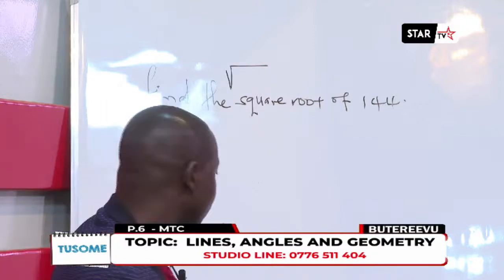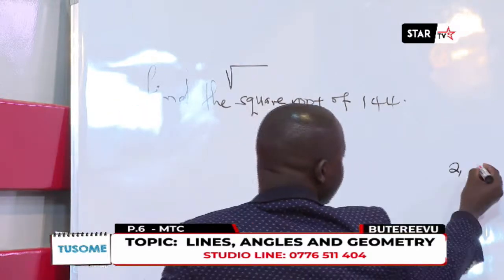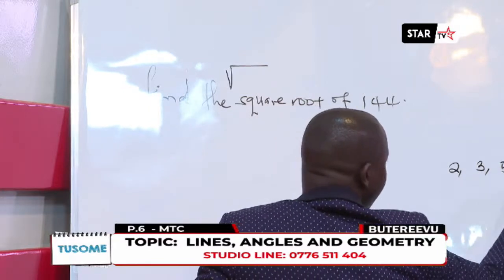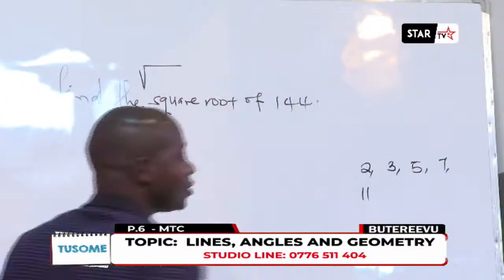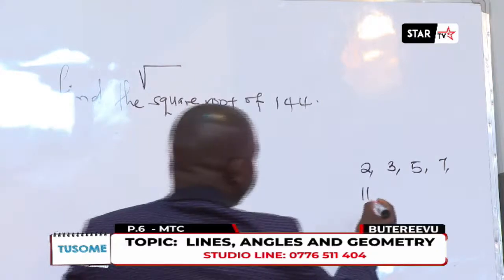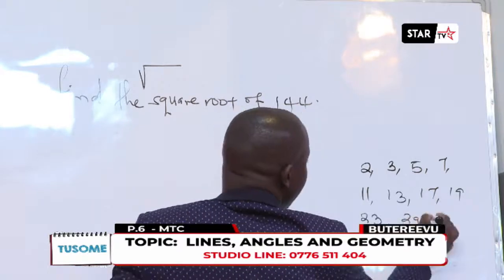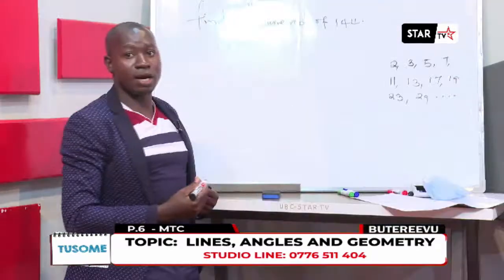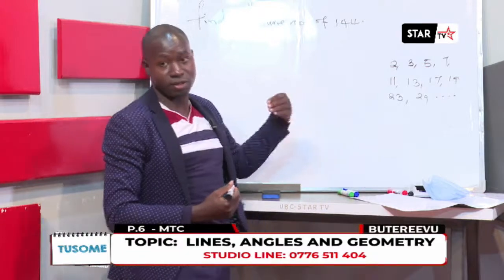Examples of prime numbers are 2, 3, 5, 7, or I know you have written 9. No, please, 9 is not a prime number. Write 11, 13, 17, 19, 23, 29, among others. Such numbers are the ones that we use when we are looking at square roots under prime factorization.